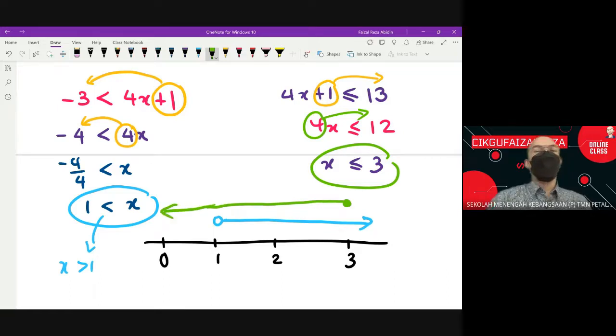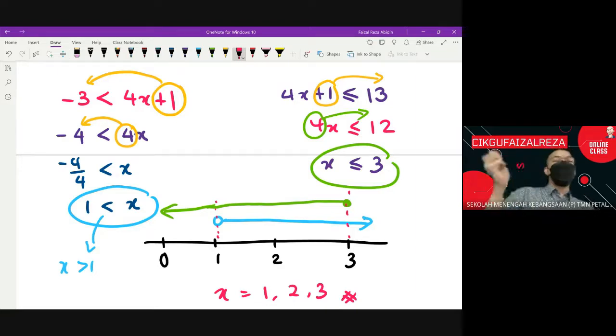So where is our x at? x here is going to be more than 1, so 1 is included. Less than or equal to 3 is going to be 1, 2, and 3 there, isn't it?